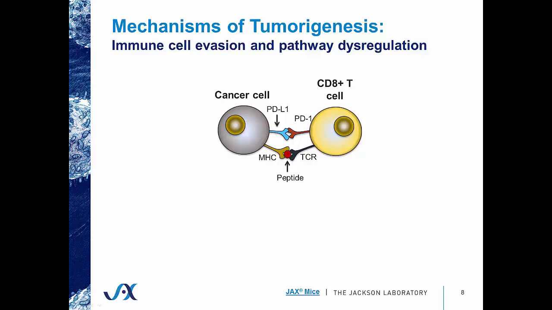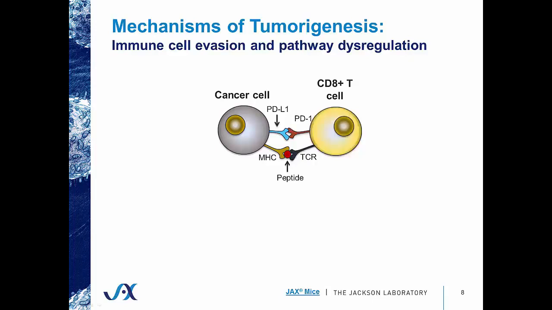Conversely, during tumorigenesis, cancer cells learn different ways to overcome and evade immune cell recognition. And one way they do this is by expressing the PD-1 ligand PD-L1. By doing this, they effectively shut off T cell activation, and those corresponding T cells become anergic.